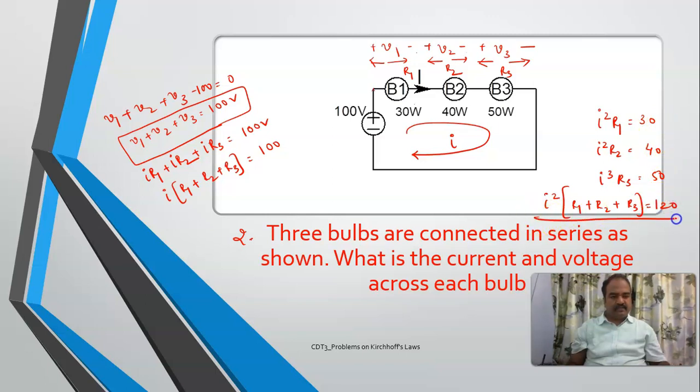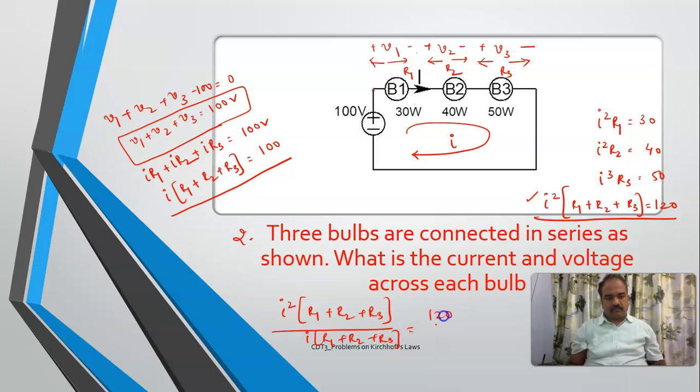See, two equations I do have. If I divide this equation with this equation, what I will be getting, this is cancel, I square by I, it is I is equal to 1.2 amperes.